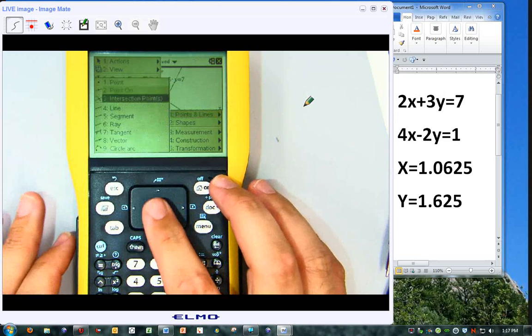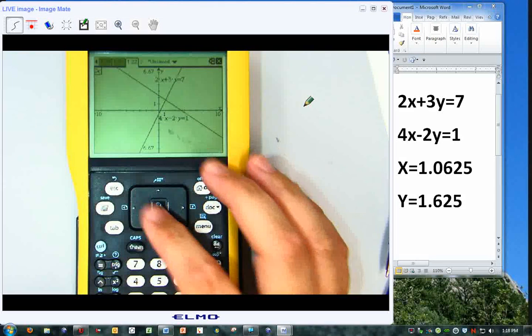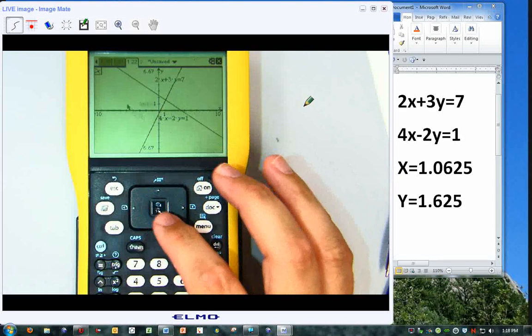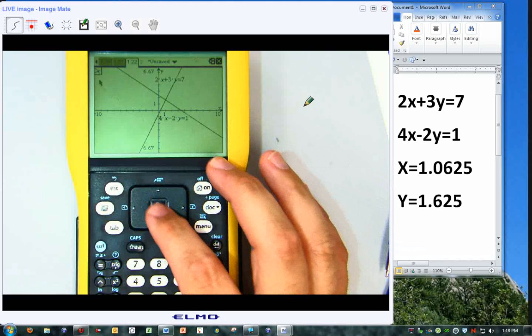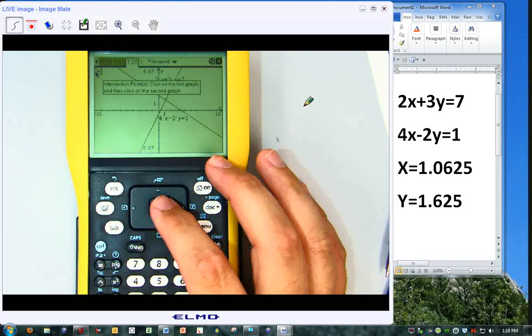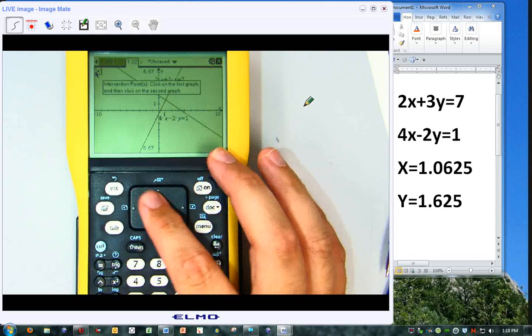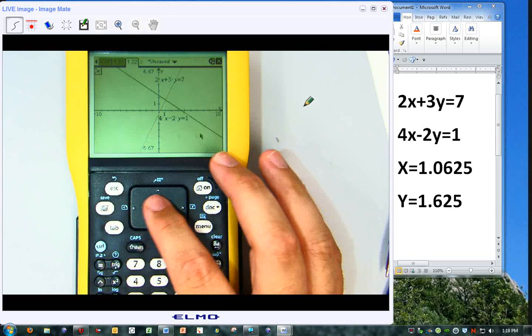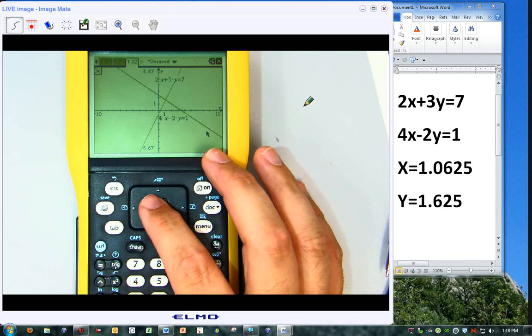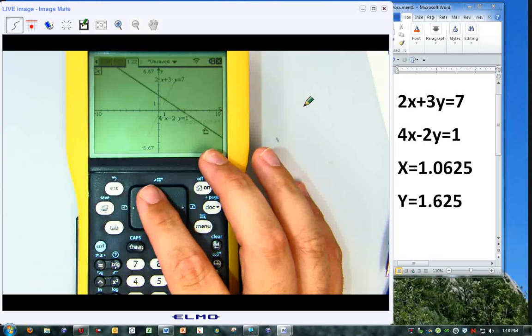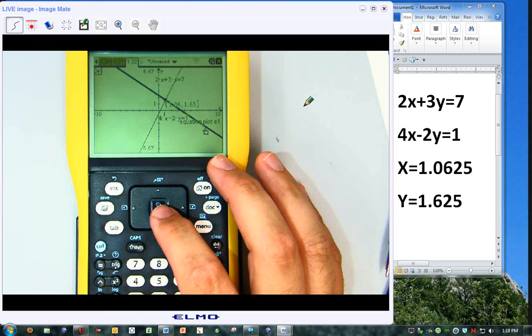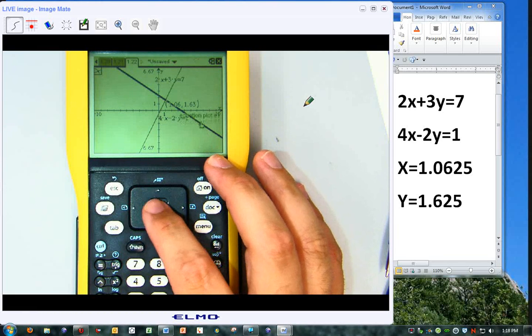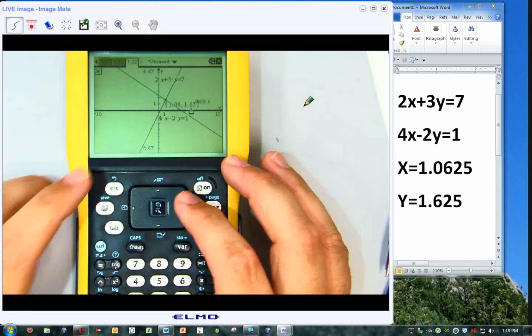Now, up in the upper left here, it says click on the first graph and click on the second graph. So I'll go down here, I'll click on the first graph. There it is. Click on the second graph, and I got my point.